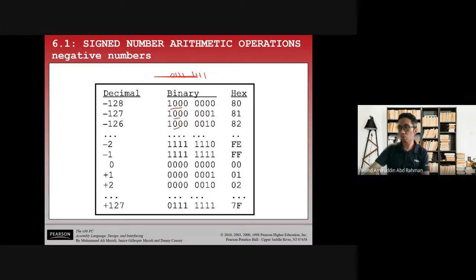But when you do the inversion, you get 1, 0, 0, 0, 0, 0, 0, 0, and plus 1, you get 1, 0, 0, 0, 0, 0, 0, 1. That's the negative of 127. The rest you can also do by yourself, so you see the difference. That's the signed number arithmetic operation of the negative numbers.